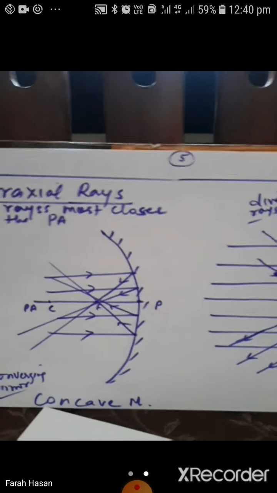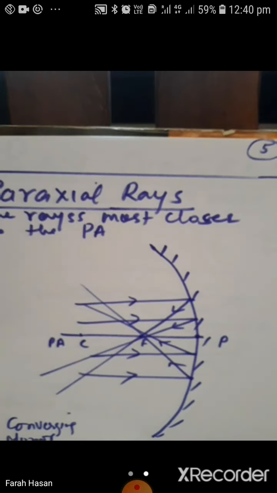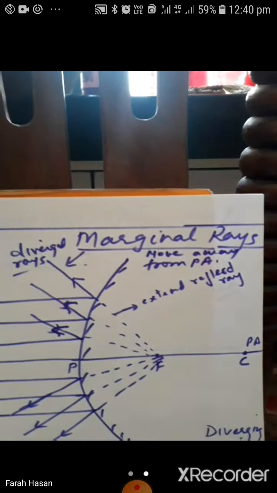So now we are going to study the types of rays, because before we go into ray diagrams, before we study reflection and how an image is formed, we should be familiar with these terms. There are two types of rays: paraxial rays and marginal rays.